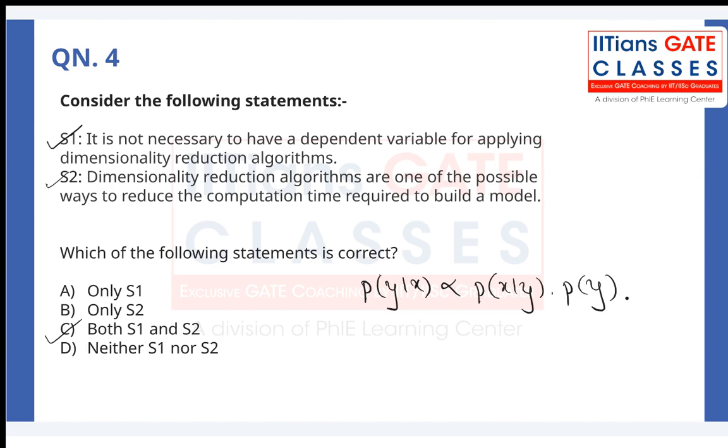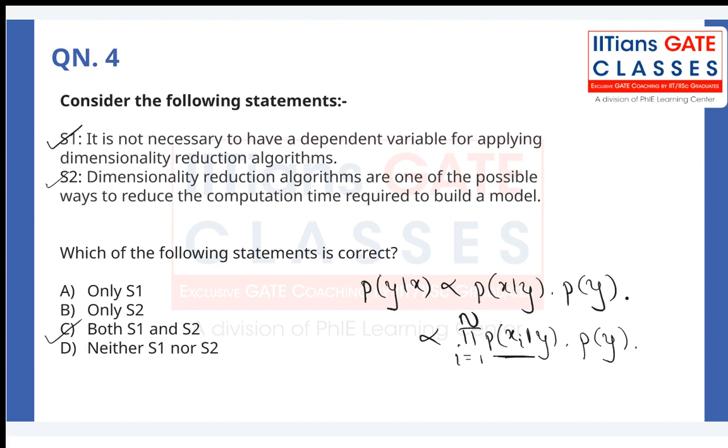And then you typically write this as the product over i equal to 1 to n. Maybe this can be capital N because I was using the same convention before. P of xi given y multiplied by P of y. So you can see that for each particular feature from x1 till x capital N, you are trying to find the probability of xi given the label y, and then you are taking the product of all of them.